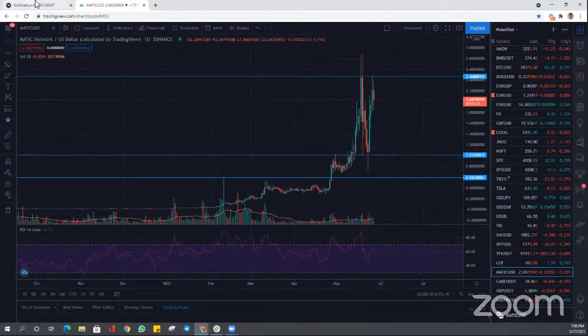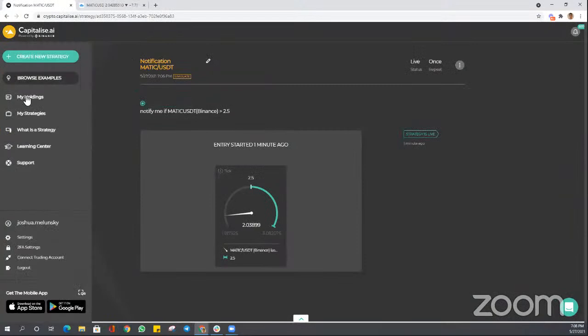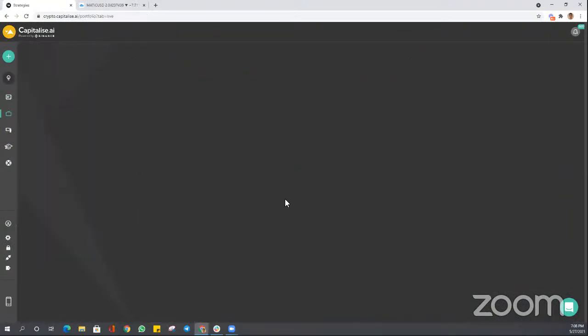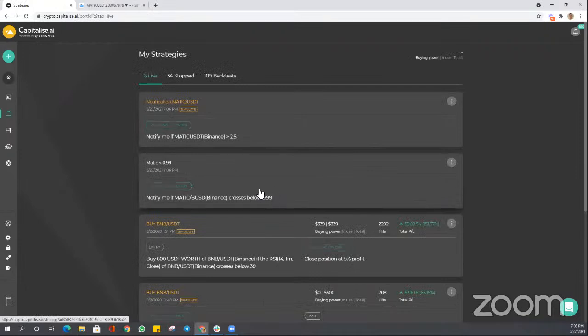Great. So traders, let's go back to Capitalise, and we'll go to the My Strategies page now, where we can see the strategies, and we can see the notifications here running. And as soon as the conditions are met, you'll be notified of that. Just note that once a condition is met, it's going to go to your stopped list.